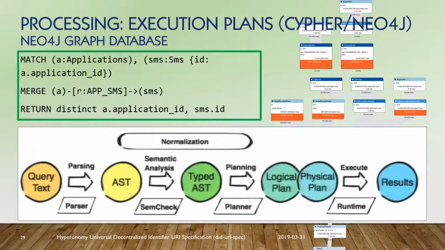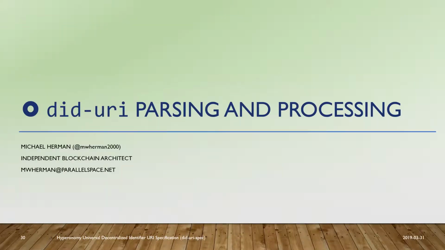Create a logical plan and then a physical plan, and finally we execute to get the results. So that's the end of the background, the generic parsing and processing. Should have brought everybody up to speed now, and we can talk more specifically about DID URL parsing and processing.